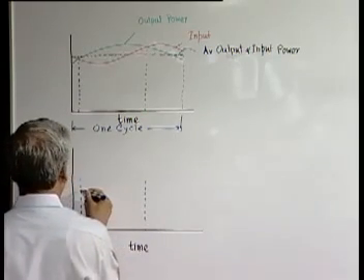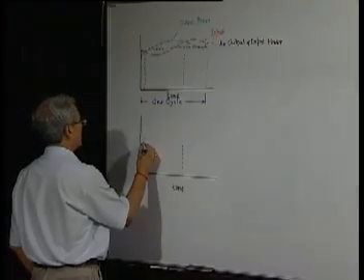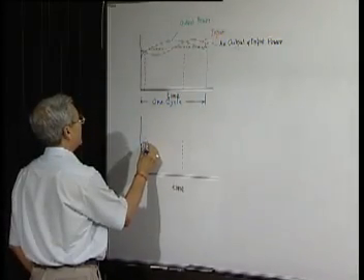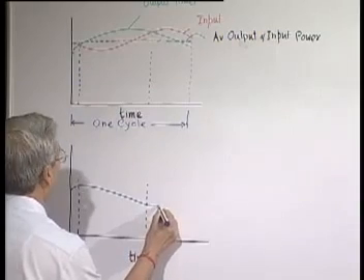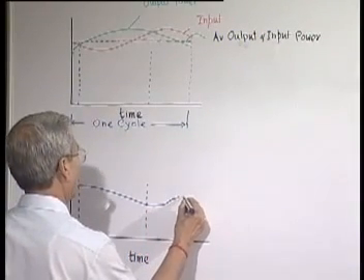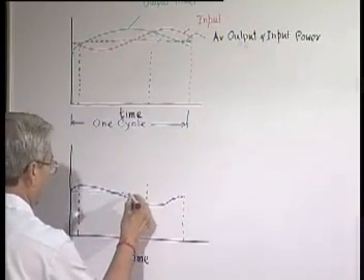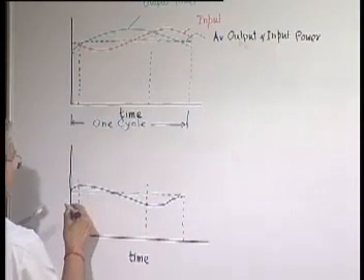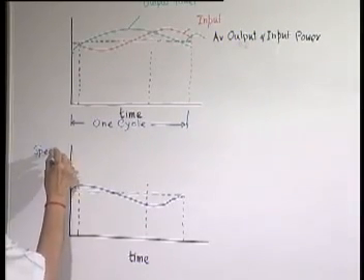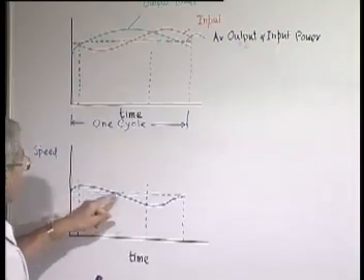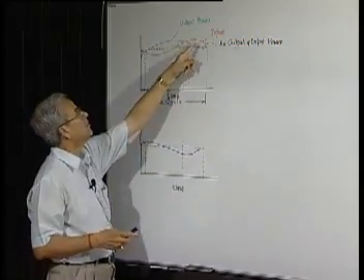So, the situation will be like this. Speed is constantly decreasing from here to here because output is more, and speed is increasing here because input is more.